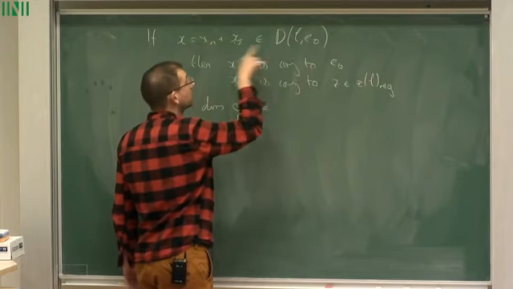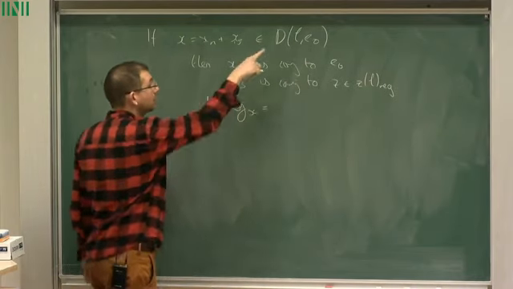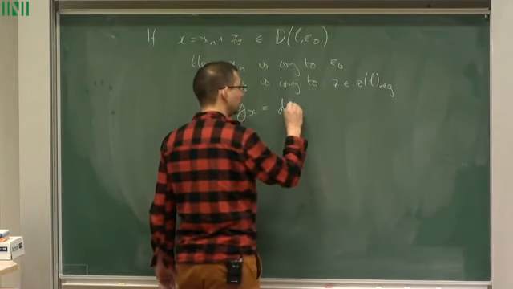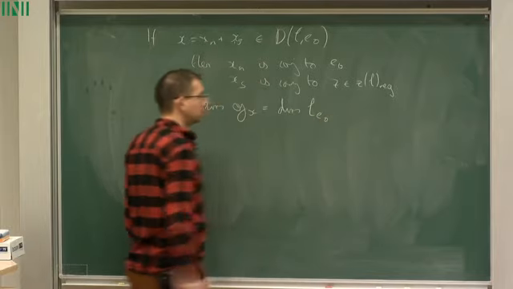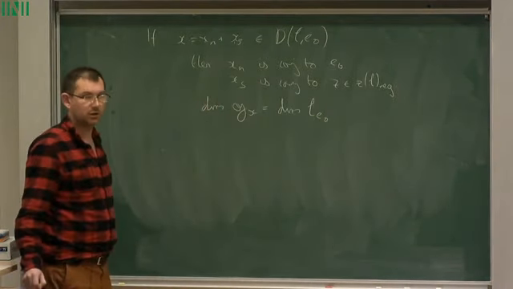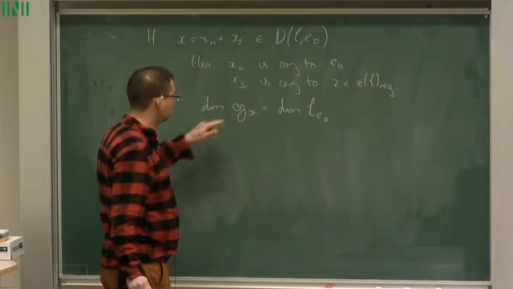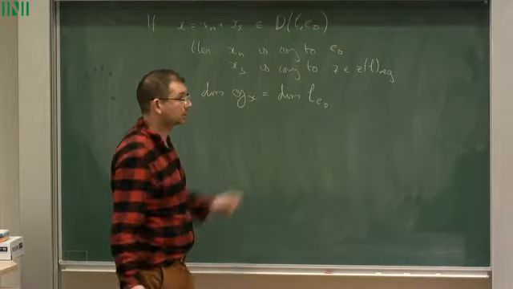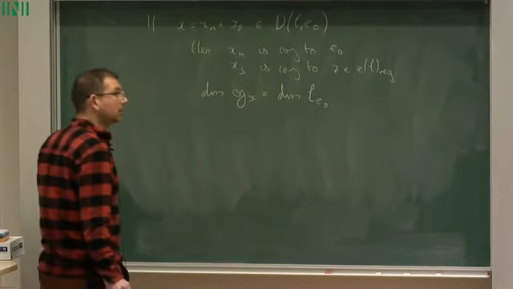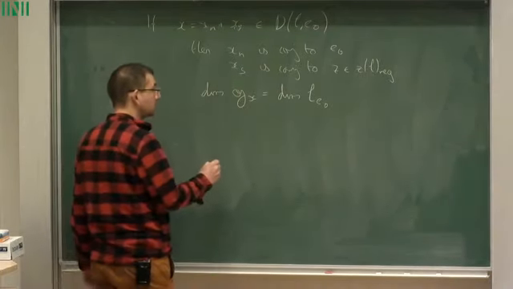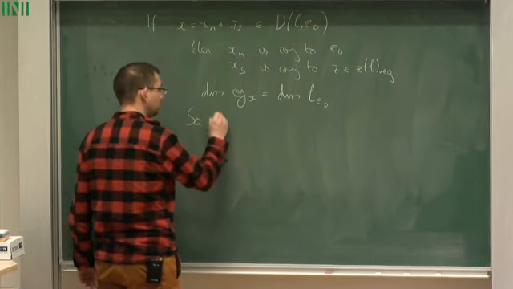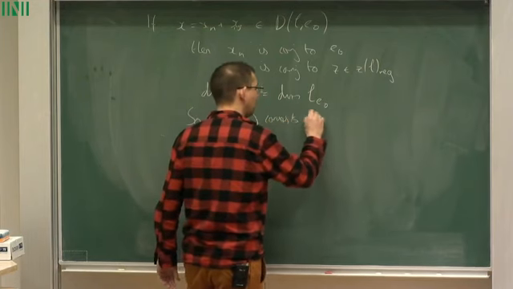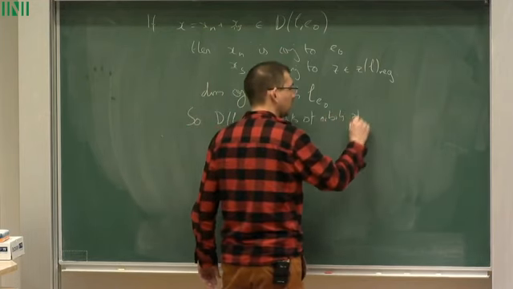So we'll be centralizing something in ZL reg, which will put us inside the Levi, and then if we centralize the E0, we'll know precisely the dimension of the centralizer in G of X is this number. So that doesn't change over the decomposition class, which means that this decomposition class consists of orbits of the same dimension.